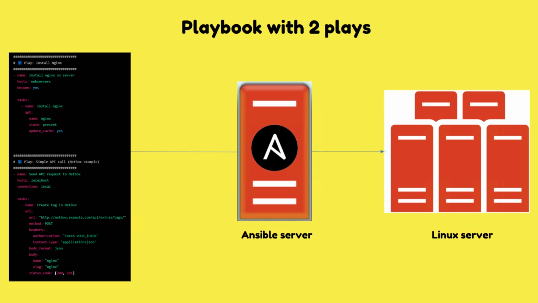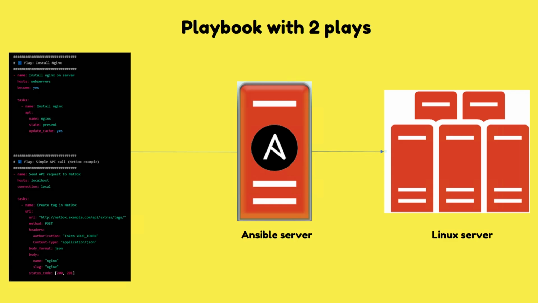In more detail, the first play runs on remote servers. We point here to web servers, as you can see, and at the same time we specify that we want to use higher privileges, the become yes option. In the second play it doesn't exist, and there are essential differences between them.